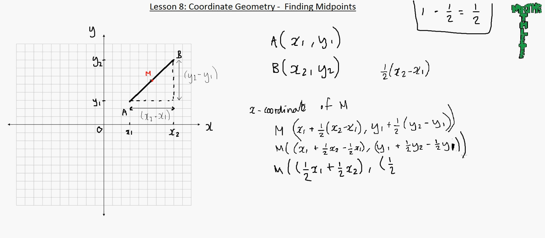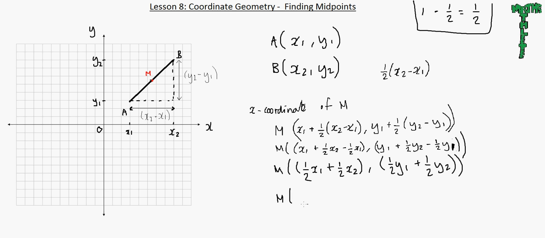That's y1. And then the double brackets, one bracket for this, one bracket for the whole coordinate. And the same thing happens here, half of y1 plus half of y2.